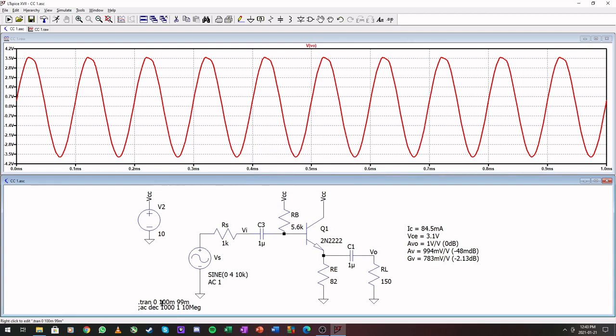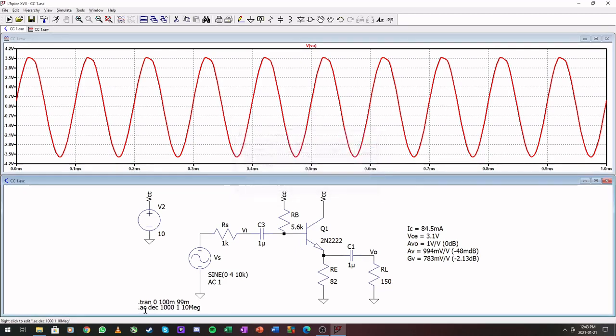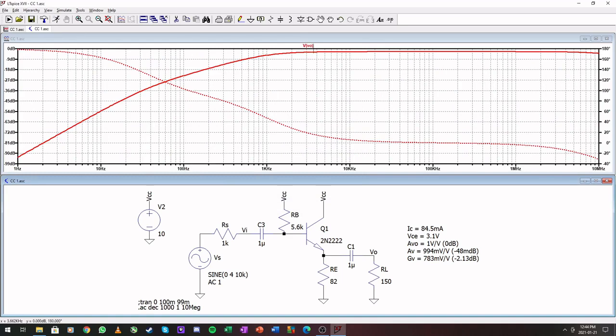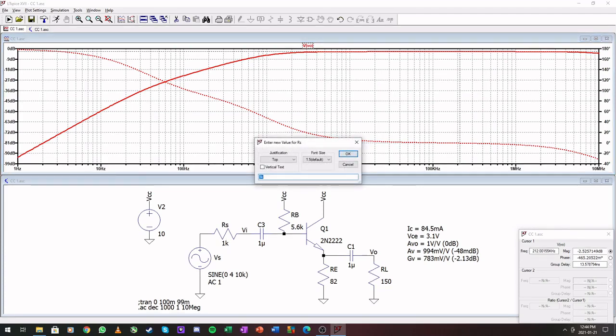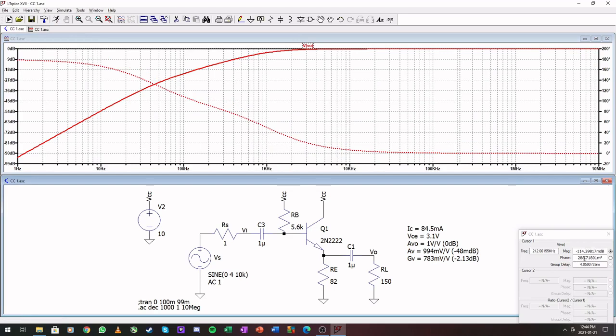Okay, let's look at the AC analysis. So minus 2.5 dBs for our GV, and we calculated it to be at minus 2.13 decibels. Kind of accurate. If we make our source very low, minus 114 millidecibels.